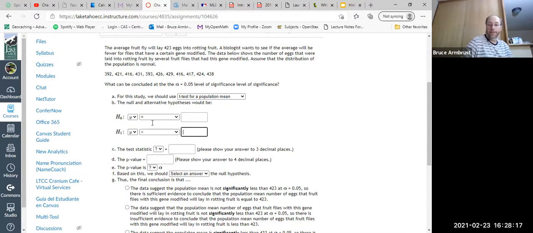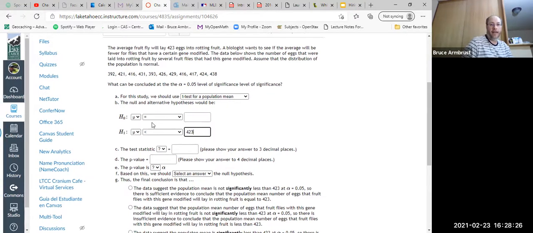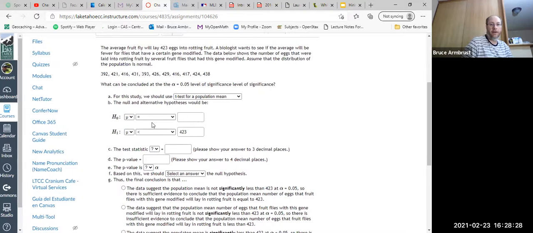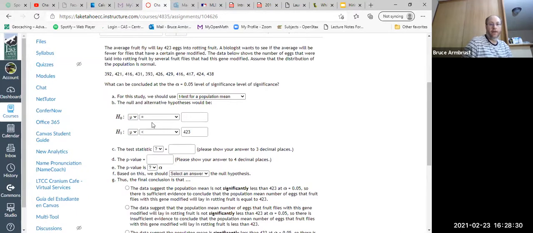And what it's going to be less than, hopefully, is 423, which, if you come back up here, was the average from before. So we want the average fruit fly.